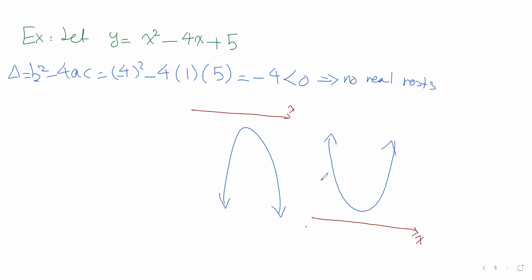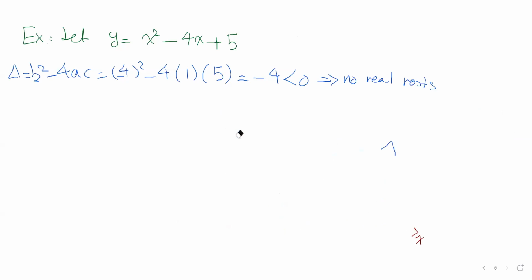Because it has no roots, what do we do to find the vertex? If we have two roots, the midpoint of the two roots helps us to find the vertex. If you have one root, then that's exactly the vertex. But if you have no roots, where's the vertex? To answer this, you use the perfect square method.